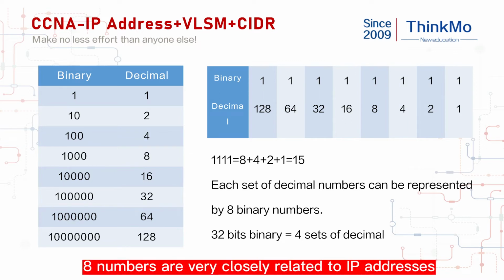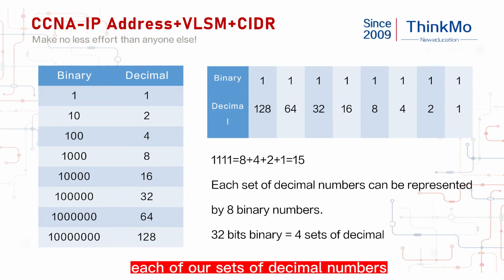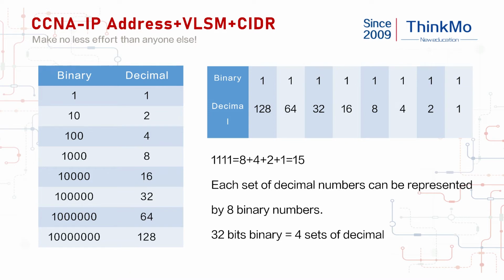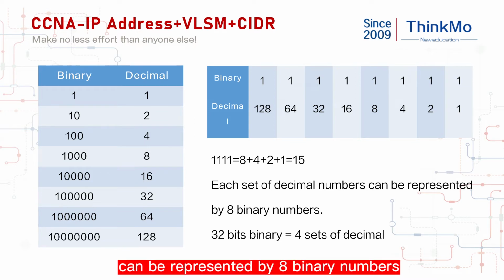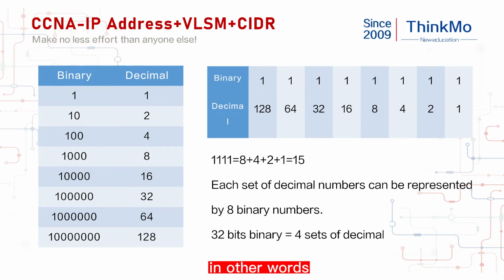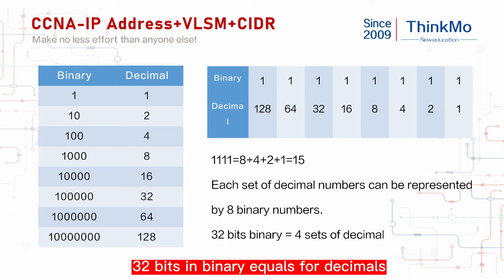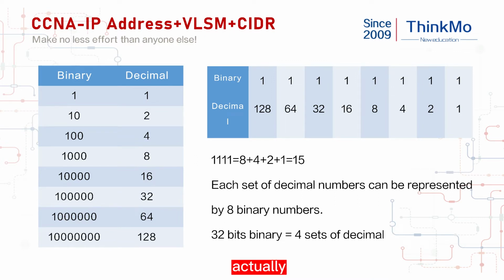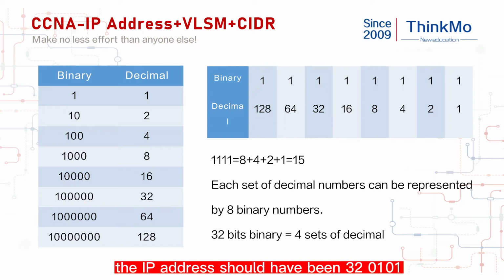In fact, everyone will find we spent so long studying these 8 numbers because these 8 numbers are very closely related to IP addresses. Each of our sets of decimal numbers can be represented by 8 binary numbers. In other words, 32 bits in binary equals 4 decimal numbers. There is a conversion relationship. Actually, the IP address should have been 32 bits of 0s and 1s.